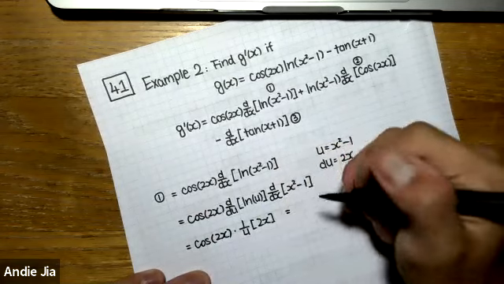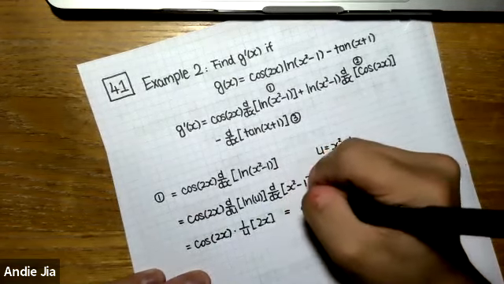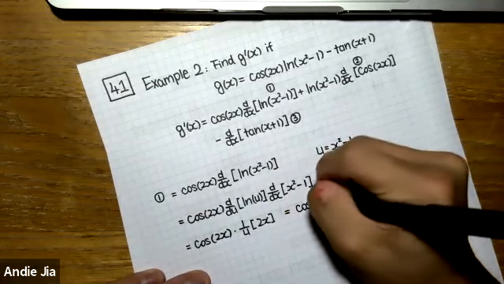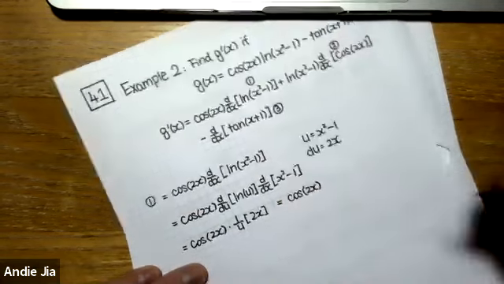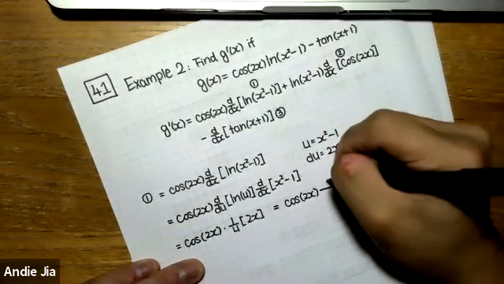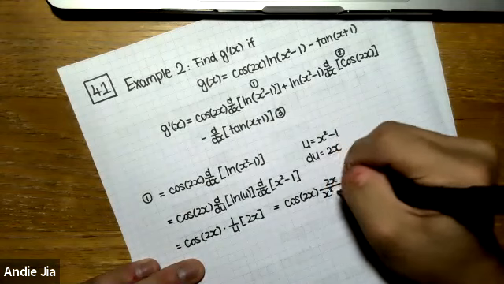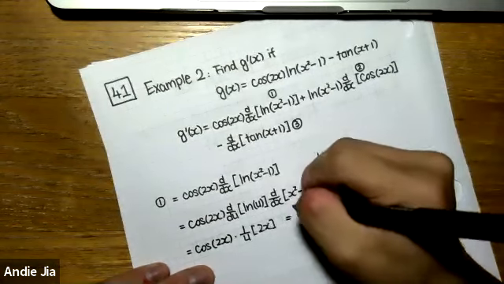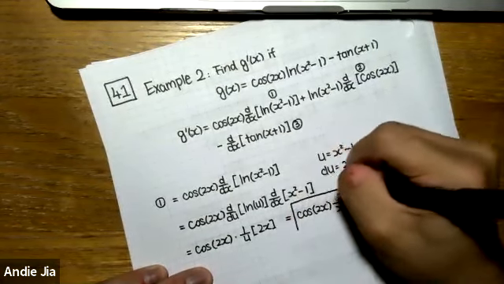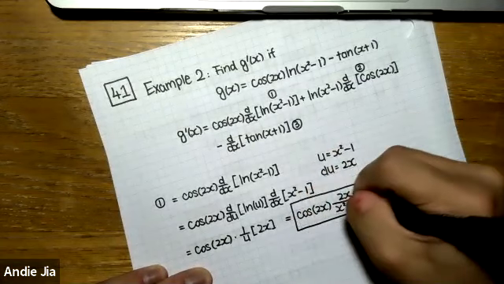So we obtained cosine of 2x times 2x over x squared minus 1. This is our step 1, the equation 1, we get this.